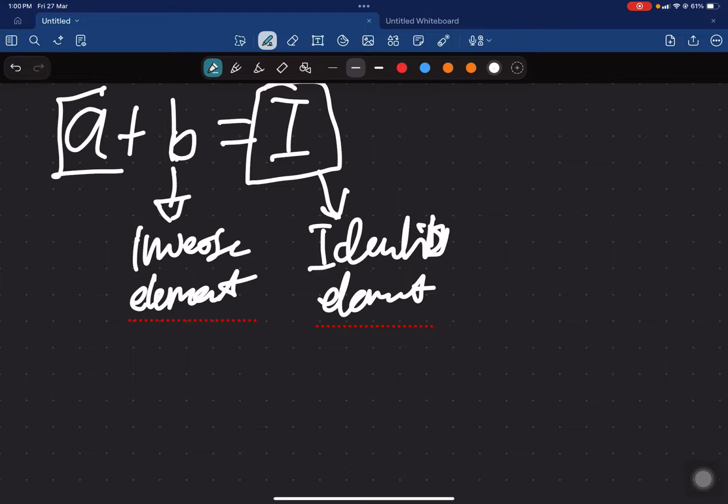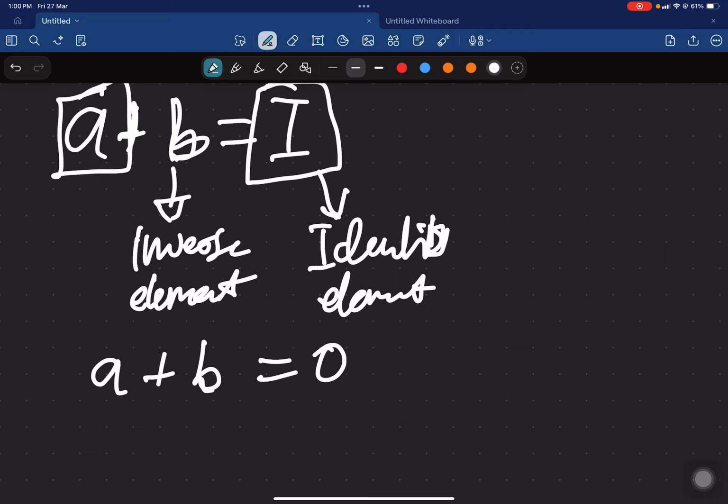So a is a random number from the set of rational numbers, and we are adding it to b. B here we are calling our inverse element. It means that we should get our identity element. And we've already found that our identity element under addition is what? 0. So it means a plus this inverse element should give us 0. Hence, b is equal to negative a.